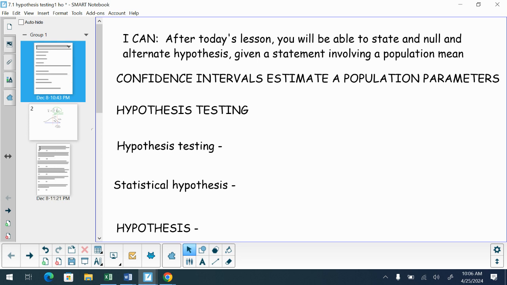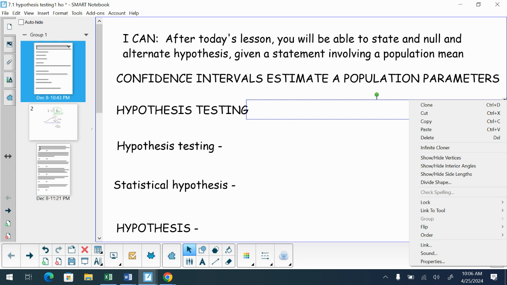Once again, if you keep up with social media at all or watch the news for the next 6 or 7 months until the election, you're going to be inundated with polls of who's going to win the presidential election. They're all estimates. They're all dealing with a population parameter. They want to get as close to that population parameter as possible, but they're going to use confidence intervals to be able to do that.